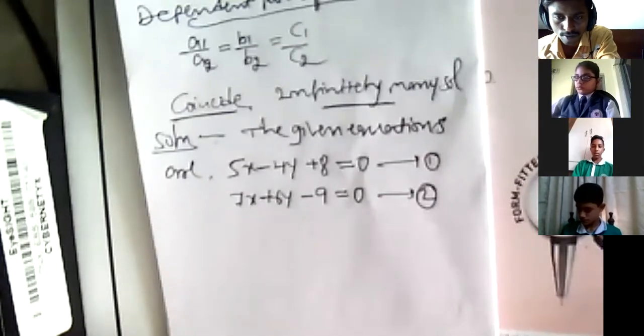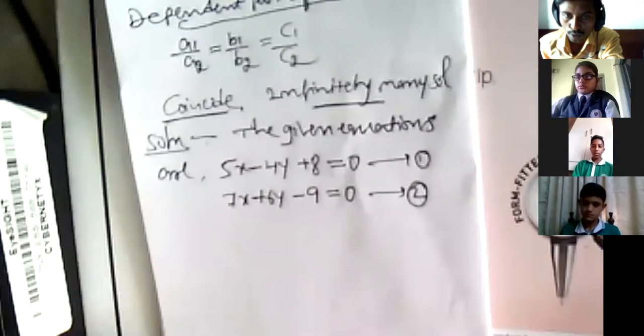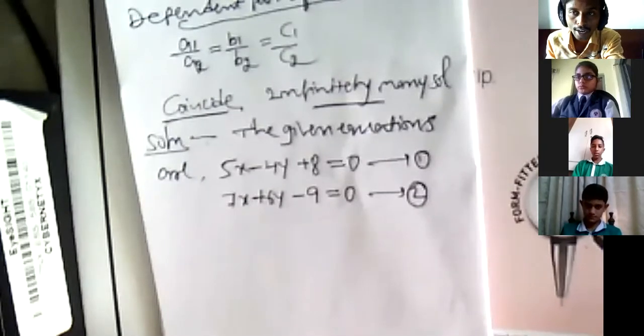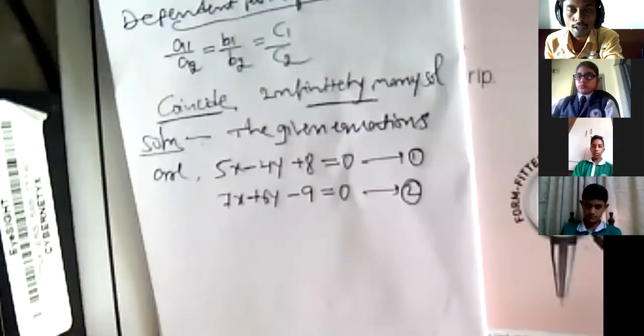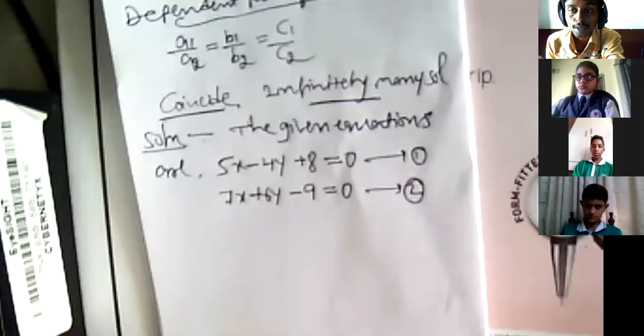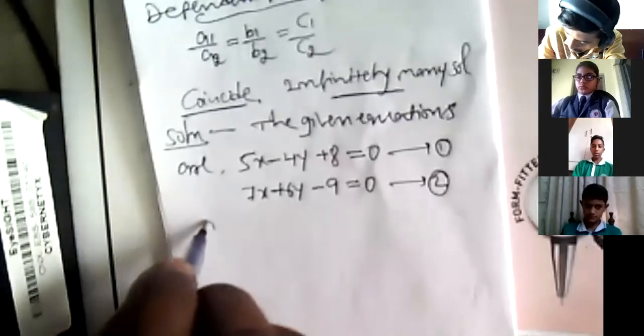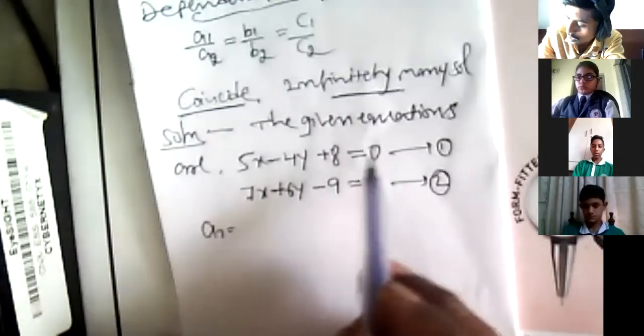On comparing the ratios A1 by A2, in these two equations, first you can write the values of A1, A2, B1, B2, C1, C2. This is the first equation.